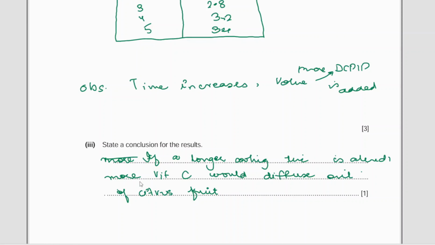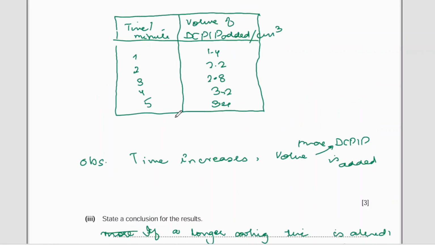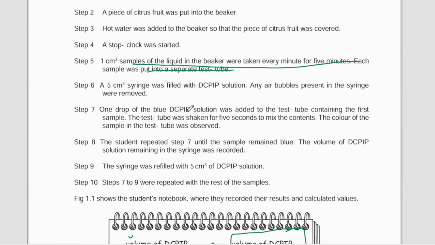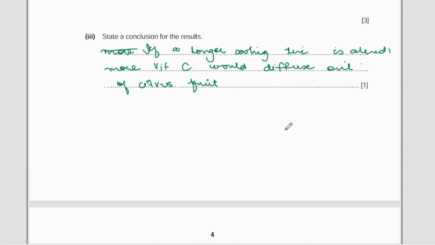Everything is given in the question. Cooking is given in the question. Citrus fruit is also given in the question. So we have to use the same words as are used by the examiner, the paper setter. That's why we are using these words.